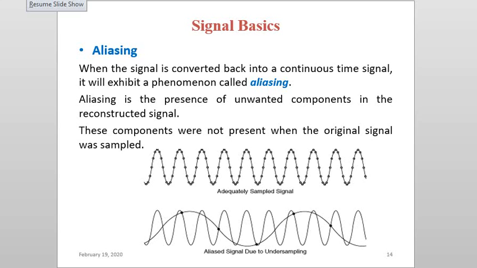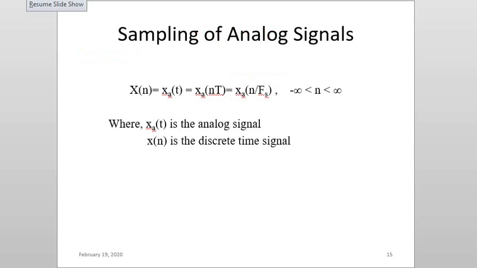That means if we don't use the sampling theorem and the frequency is not at least twice the maximum, then we will have a signal which looks like this, and it is not a straight line and has some zigzags. Those zigzags are known as aliasing in the signal. The aliasing occurs when we convert the digital signal into an analog signal.